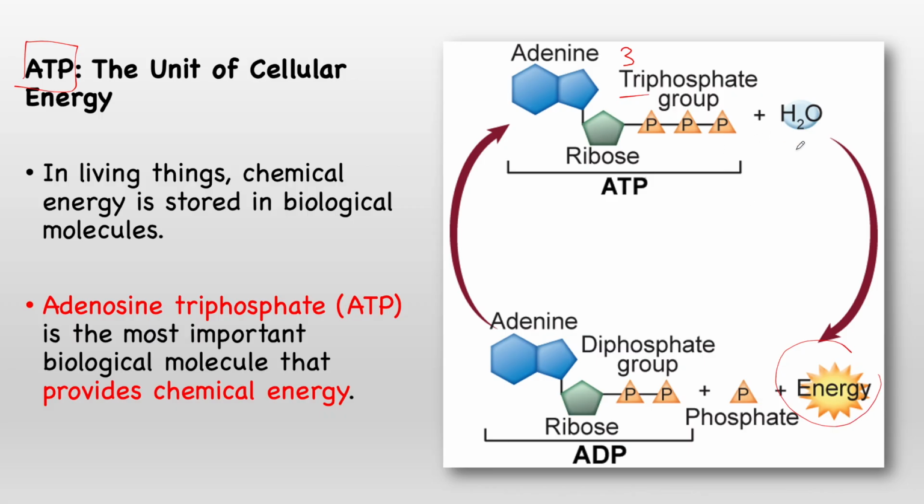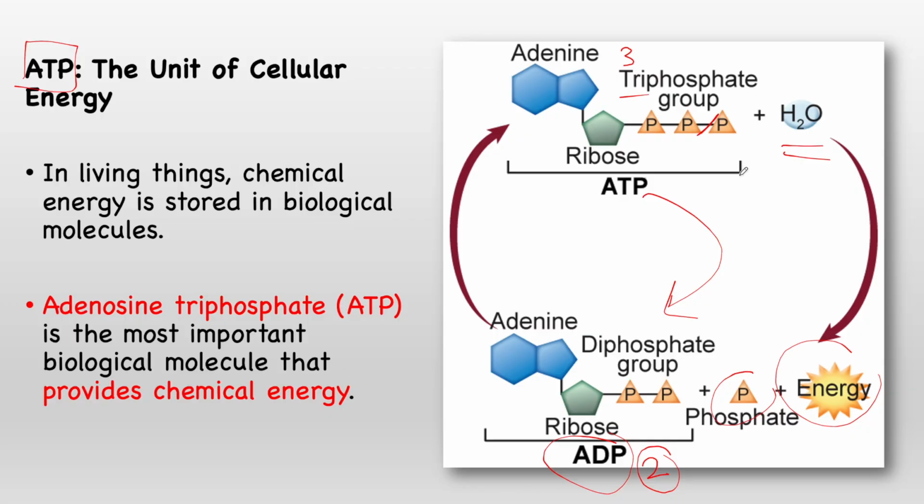We will use water, by hydrolysis, that will break one of the chemical bonds, so we release one phosphate group. Then ATP changes to ADP, adenosine diphosphate. Di means we have two phosphate groups.